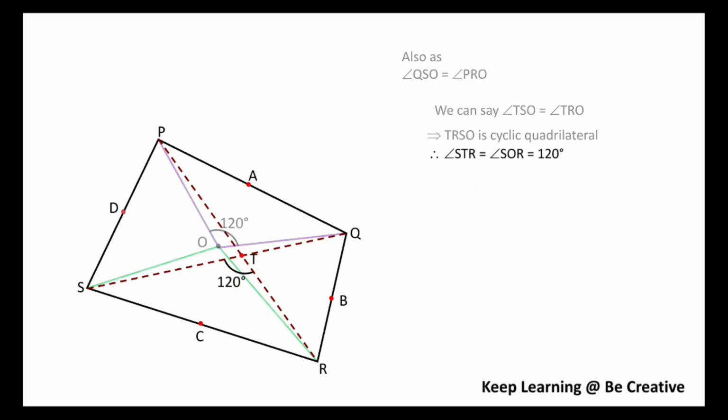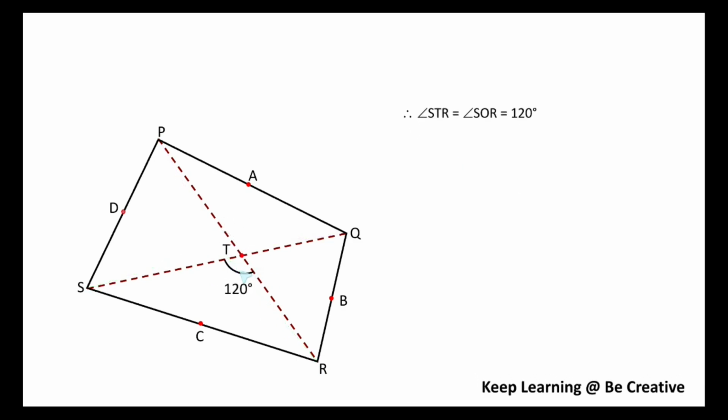Now how is this going to help us? If this angle is 120 degrees, then angle STP will be equal to 60 degrees, as angle RTS and angle STP form a linear pair. So this angle comes out to be 60 degrees.